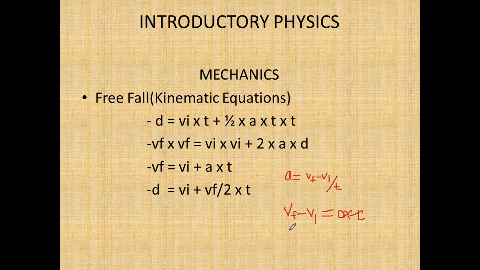So final velocity, if you carry initial velocity over to the other side, is equal to acceleration times time plus VI, which is the initial velocity. Sorry, this is a times sign, it's not a new symbol in math.